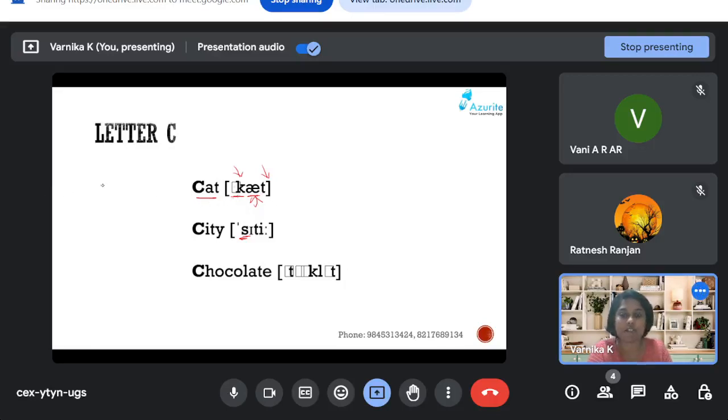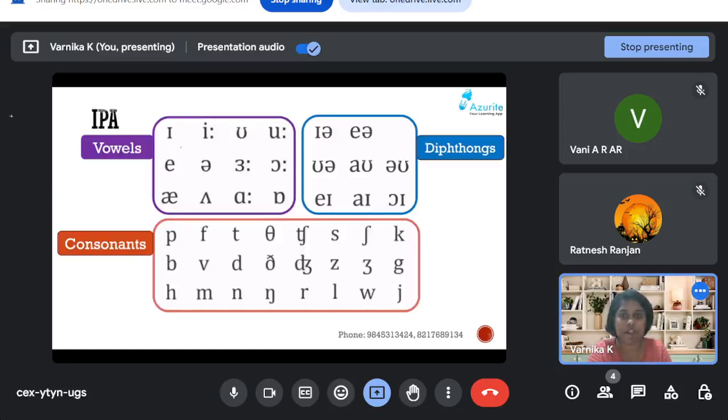So these symbols are what we are going to learn today. Totally there are 44 of them. It depends on how your mouth is making the sounds. Based on all the different sounds that your mouth will make, they have given us 44 symbols in IPA.